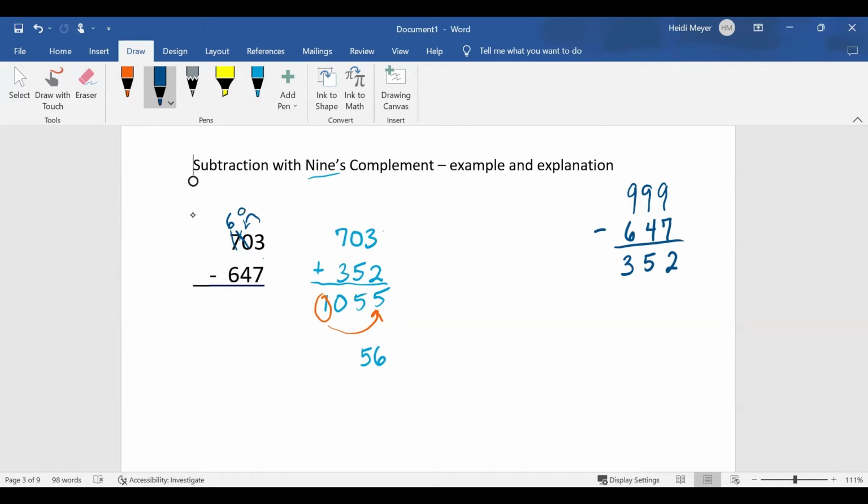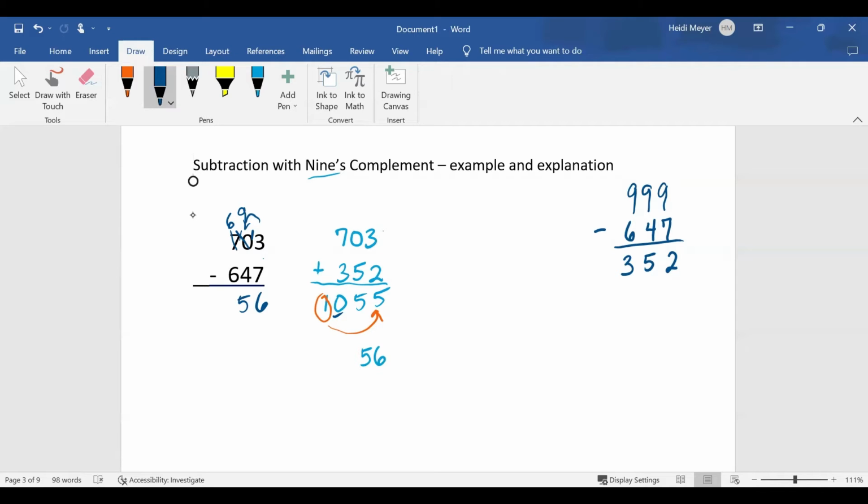That's going to be a 9. And then we put a 1 in front of the 3, which gives us a 13. So 13 minus 7 is 6, 9 minus 4 is 5, and the 6 minus 6 is the 0 that we had here, but we don't write a leading 0. So the answer is 56, and that is how you do it.